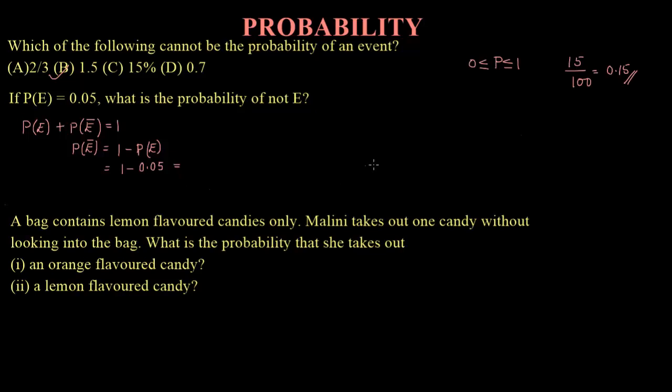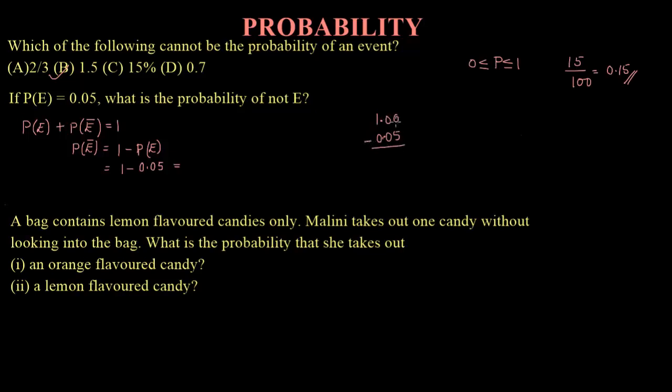There are many students who make mistakes in subtraction also. Let me explain it clearly. So it is 1, right? After 1, the decimal part can be any number of 0s. Here it is 0.05, so based on that you need to add the number of zeros.